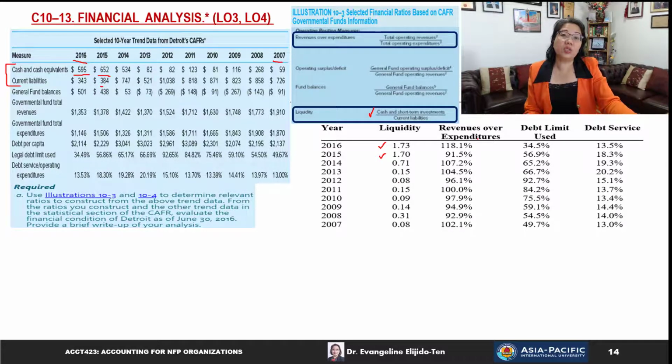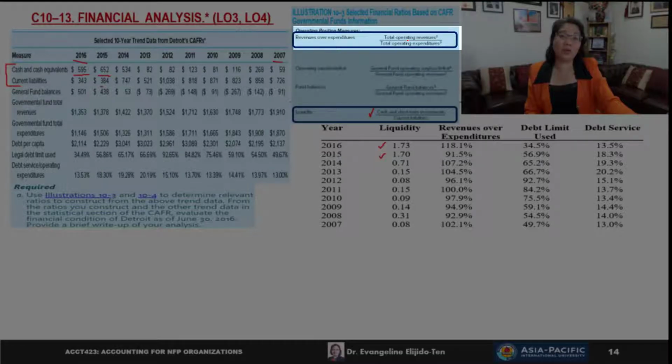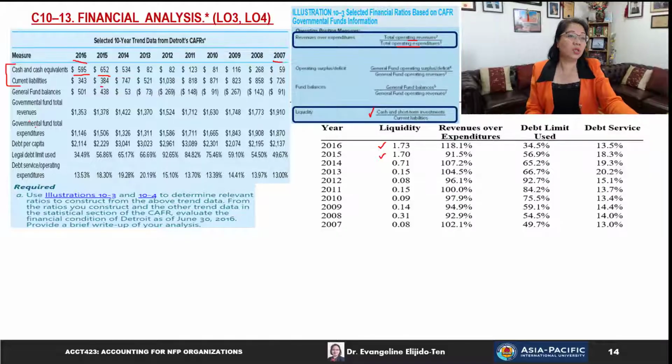What about revenues over expenditures? We have the total operating revenues over the total operating expenditures. They have provided us the governmental fund total revenues and expenditures. So we'll just divide 1,353 by 1,146 for 2016, and the revenues over expenditures is 118.1%.